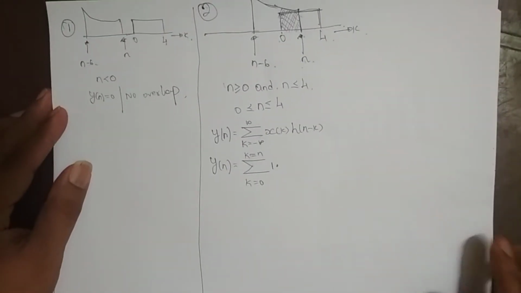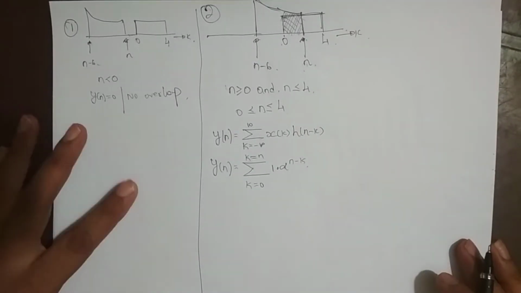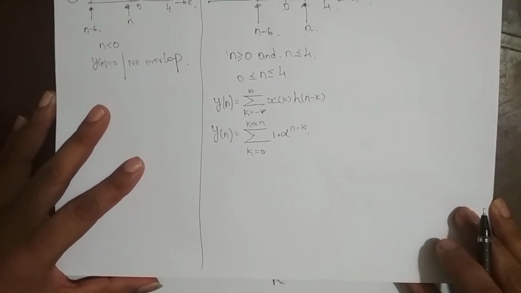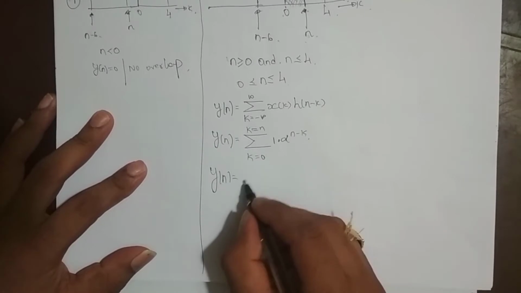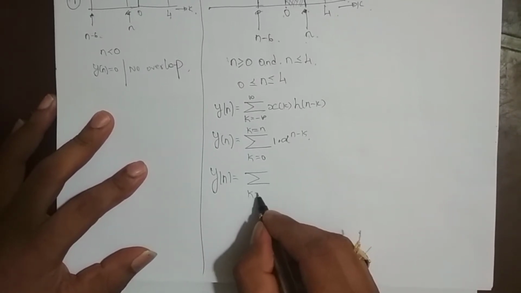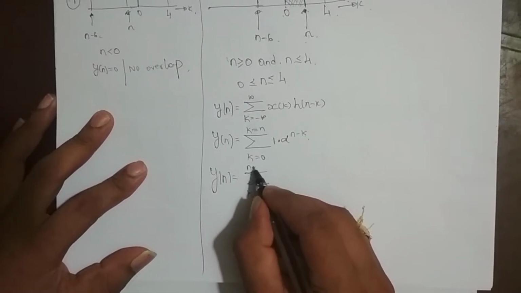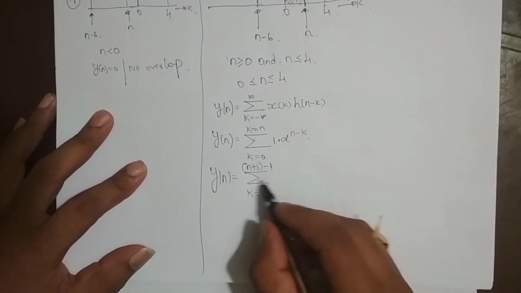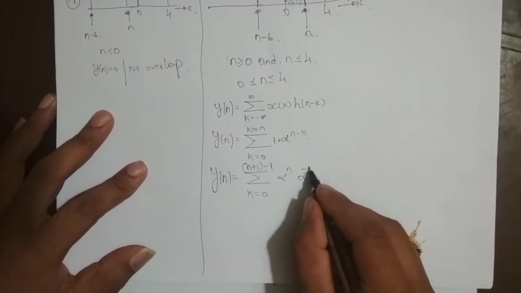So I'll write it as alpha power n minus k. So y of n is equal to summation k varying from 0 to n plus 1 minus 1, plus 1 minus 1 cancels out, I end up with n, and alpha power n, alpha power minus 1 whole power k.